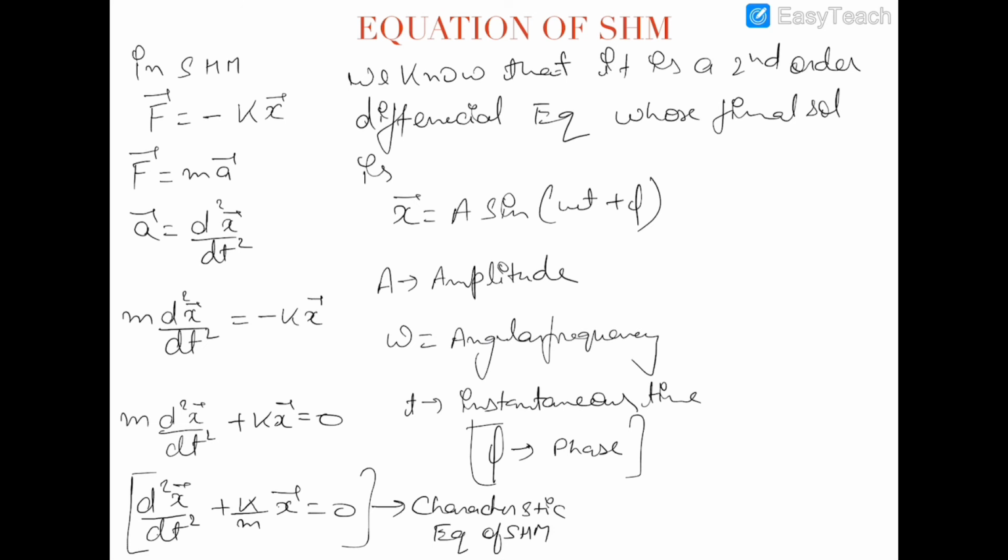So we have to understand the phase in detail, and I would be presenting a separate video to explain the phase and how phase plays an important role in SHM. So this is the general equation of SHM which would be useful in numericals.